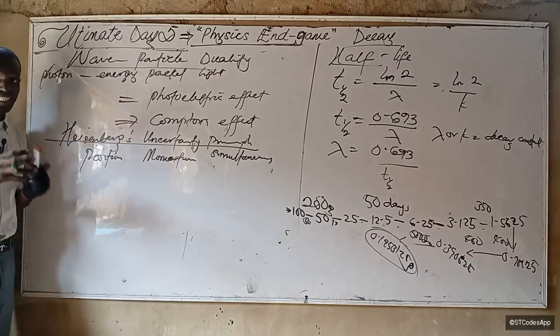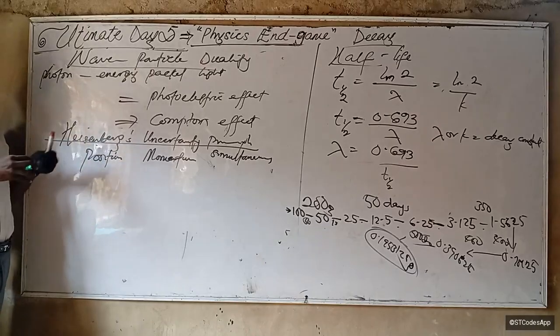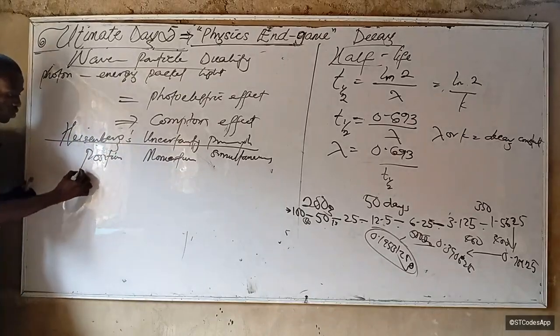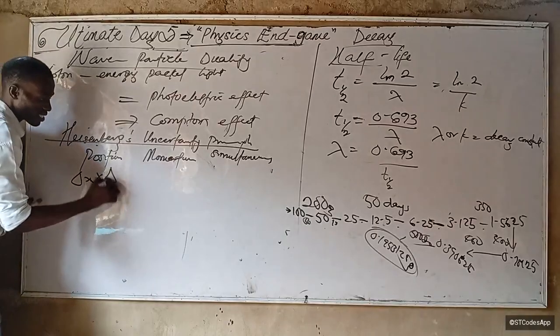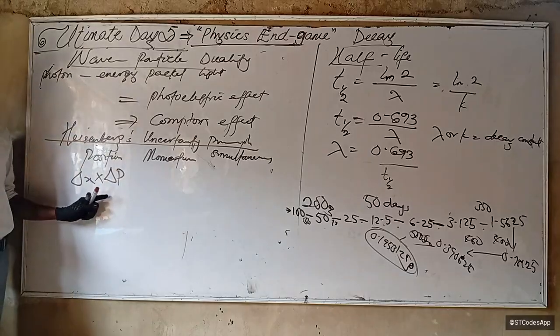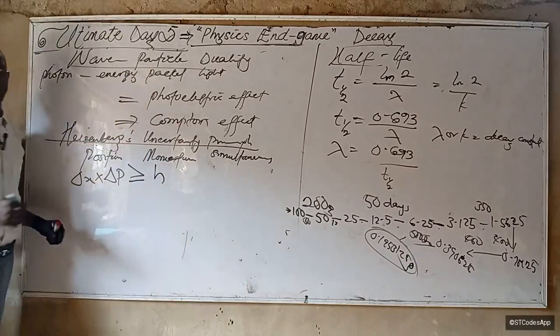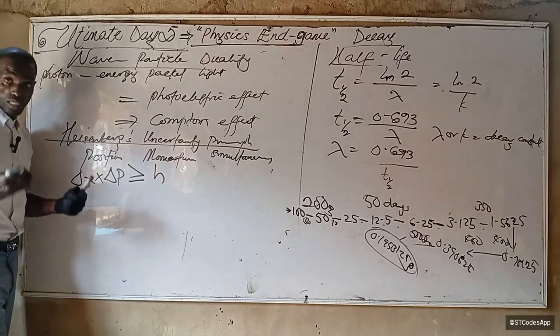And he further said that the product of the uncertainty of position and the uncertainty of the momentum is always greater than or equal to Planck's constant over 2 pi.